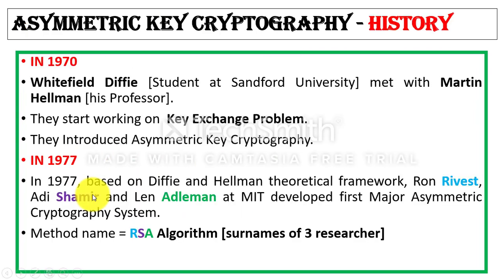Now history of asymmetric cryptography is, in 1970 both Diffie and Hellman started working on key exchange problem, and they introduced a new system, that is asymmetric key cryptography.